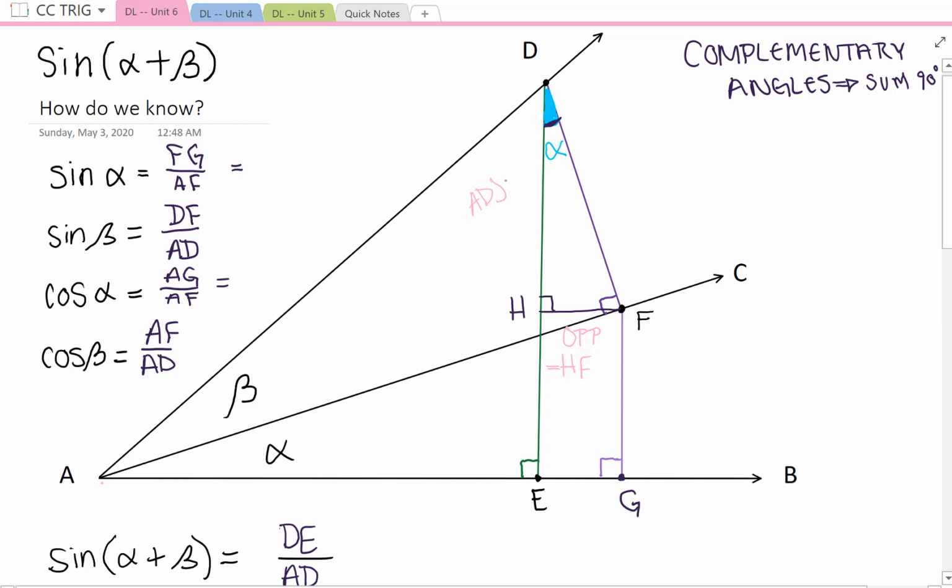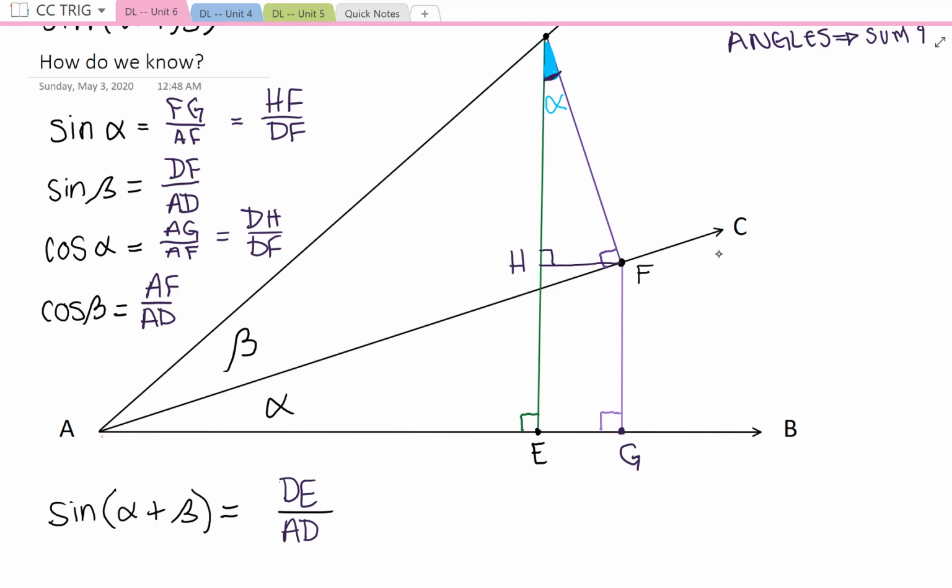The adjacent side is DH. And the hypotenuse can be labeled as DF. So an additional ratio for sine alpha would be HF over DF. And an additional ratio for cosine alpha would be the adjacent over the hypotenuse, so DH over DF.